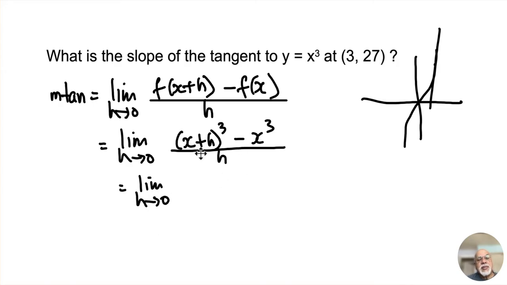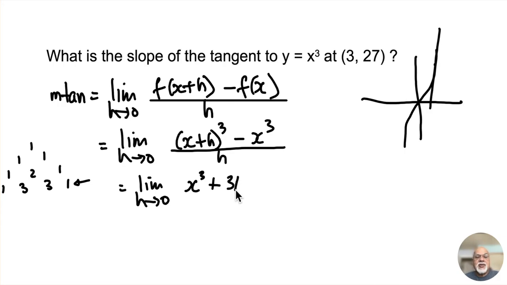Now, if you've learned Pascal's triangle in the past, you know that this binomial raised to a 3 can be evaluated by the following coefficients in Pascal's triangle, namely this one. And so x plus h cubed is just x cubed, that's what that 1 tells me, plus the next coefficient is 3, and the exponents of x will go down and the exponents of h will go up.